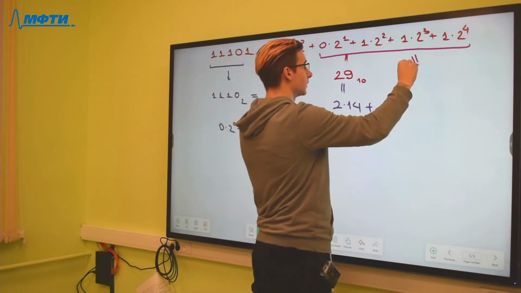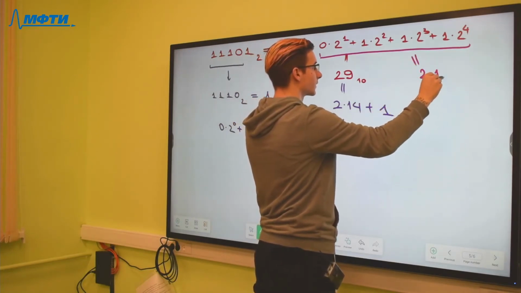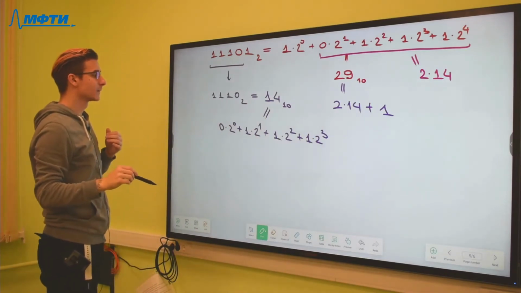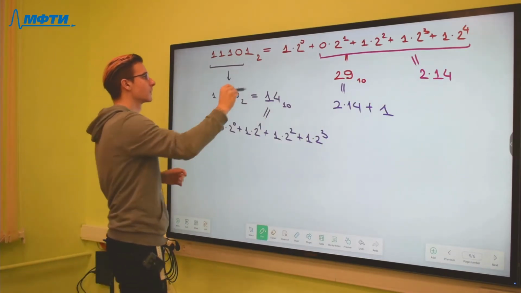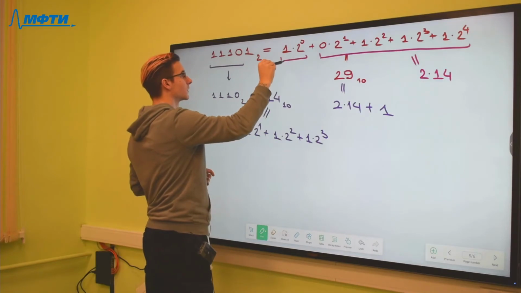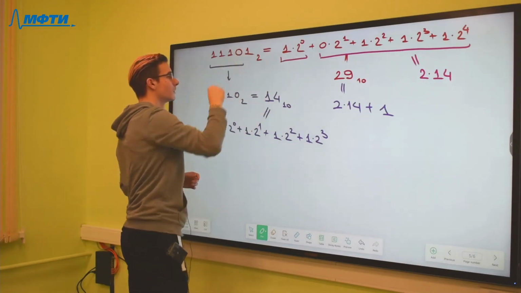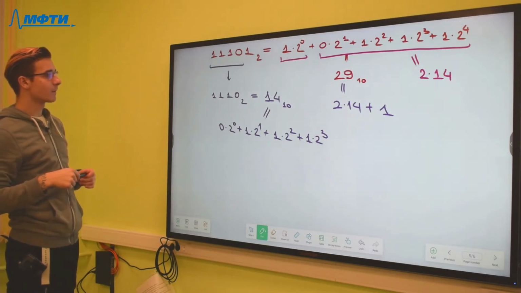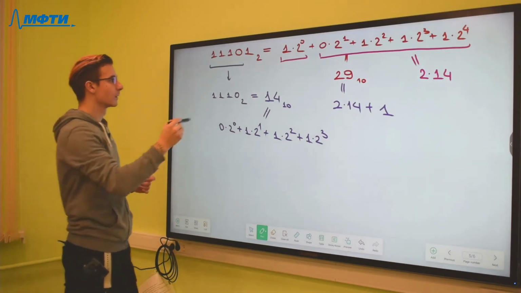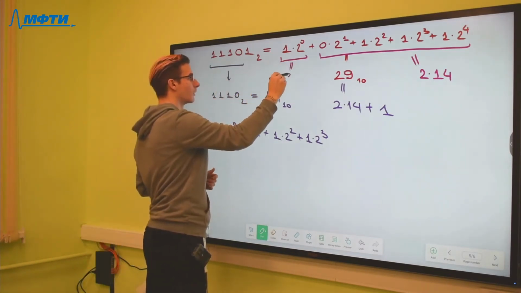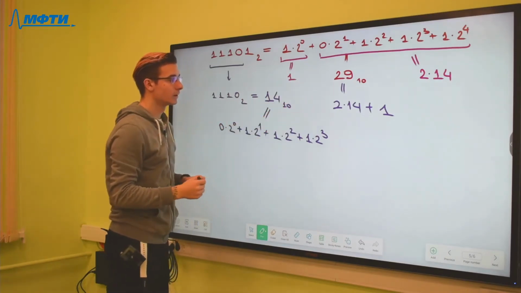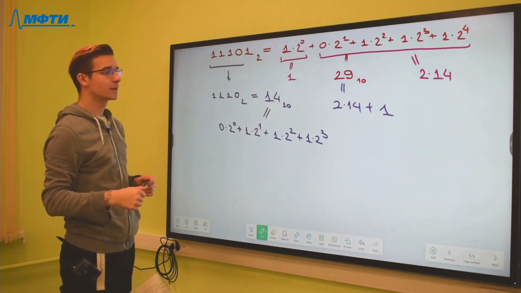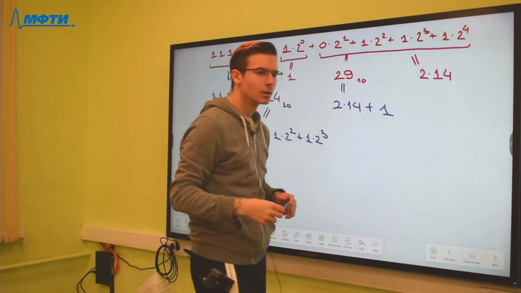So it is twice 14, and it is equal to the last number of this sum of 29. So we write that 29 is 2 multiplied by 14 plus 1.